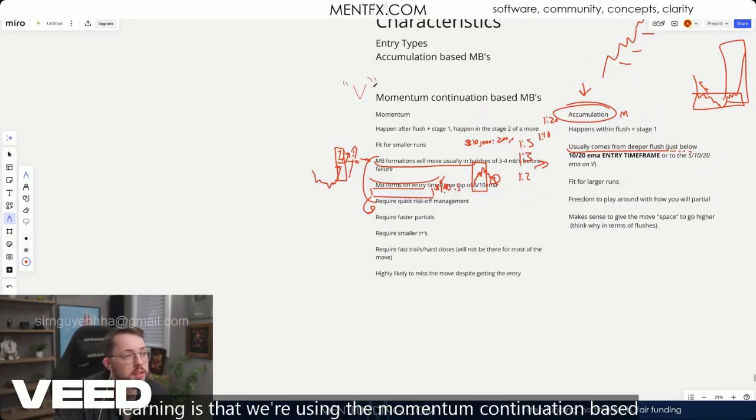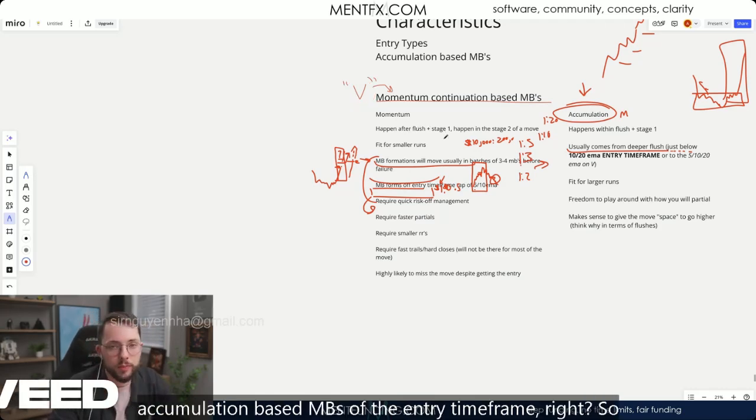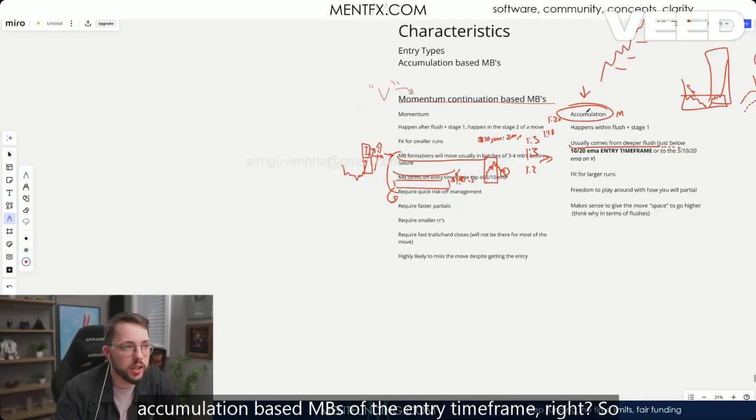So what we're learning is that we're using the momentum continuation-based MBs of the validation timeframe to find the cycle accumulation-based MBs of the entry timeframe, right?